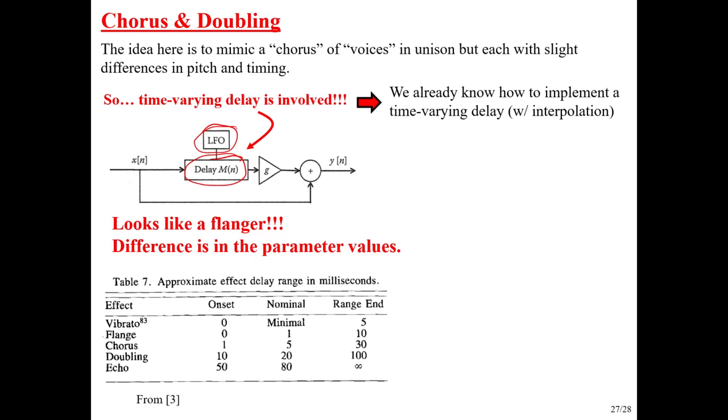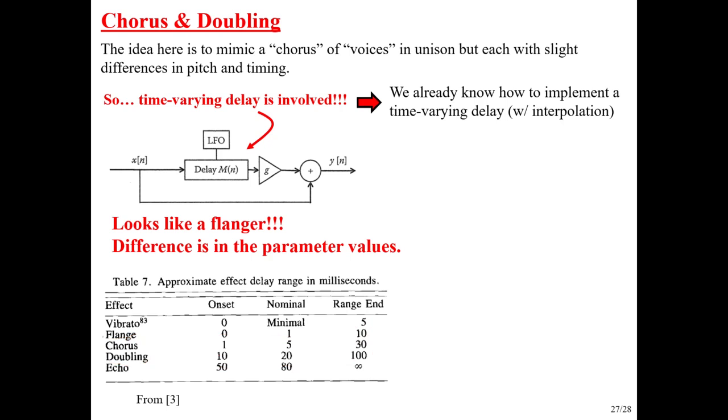And so here are some ideas that show that. So vibrato and flanger, very small range of delays. Now we get up to chorus and doubling, and now we're into some other slightly larger. Now there is some overlap, right?